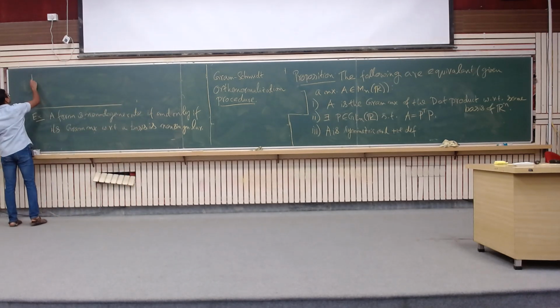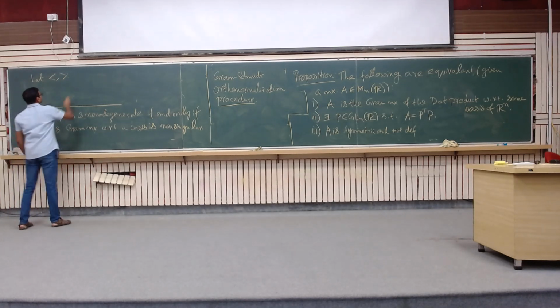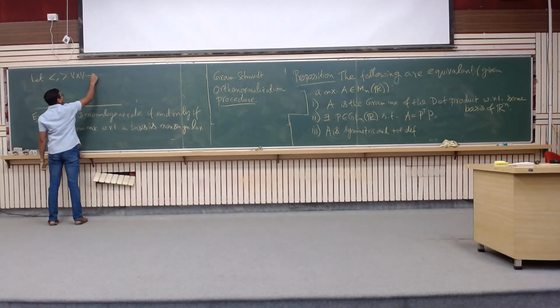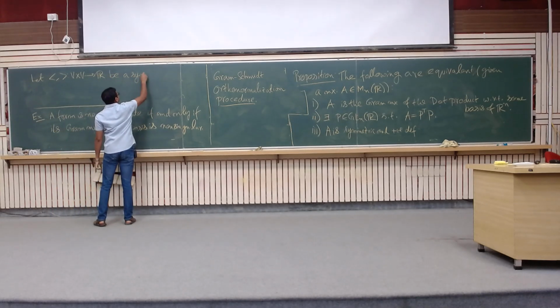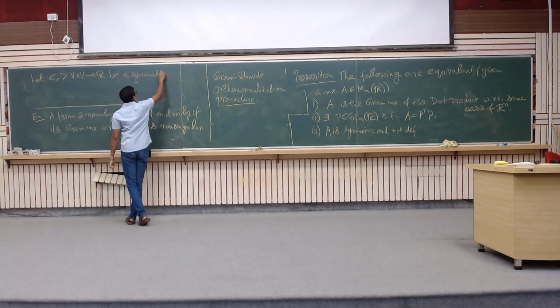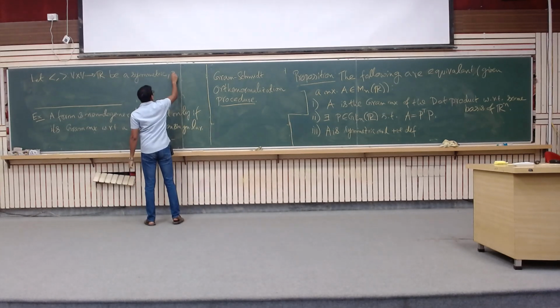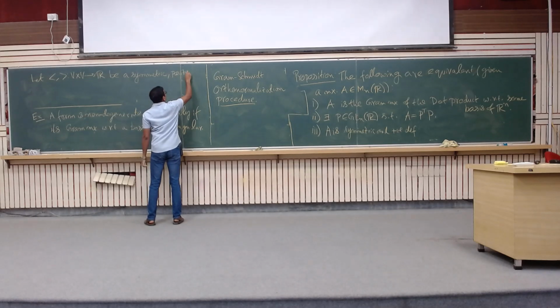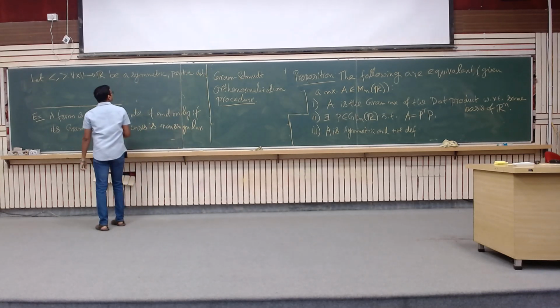So again, let this form from V cross V to R be a symmetric and now positive definite bilinear form.